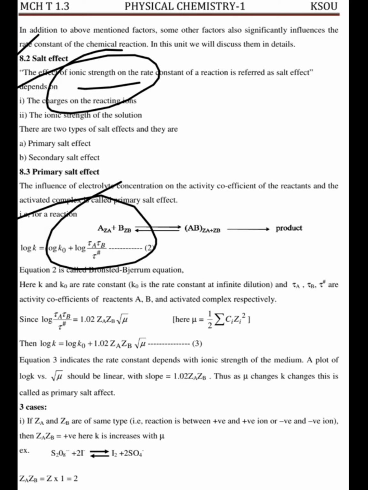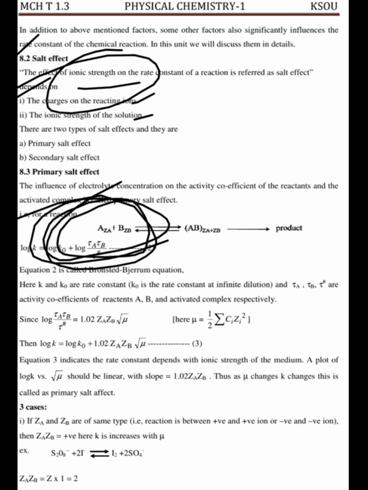So salt effect is nothing but the ionic strength of the reactant, whether it increases or decreases the rate of reaction. Whatever reactants you have taken, the ionic strength depends on them, and the rate of reaction will increase or decrease. So it depends on the charges on the reacting ions, and also the ionic strength of the solution taken for the reaction, which also affects the rate of the reaction.